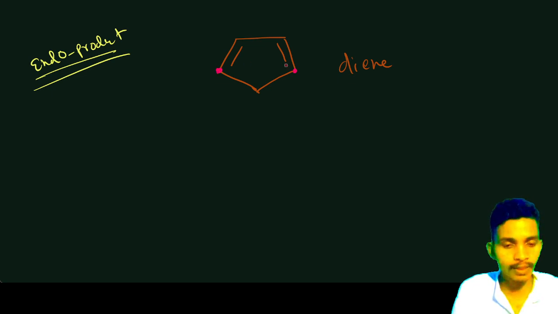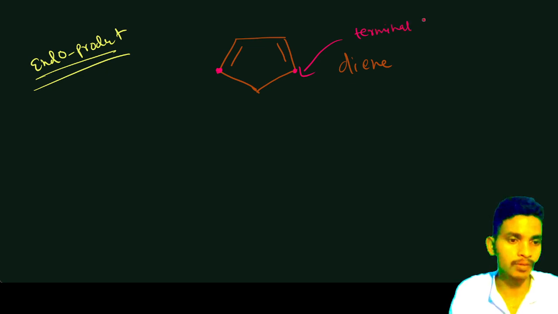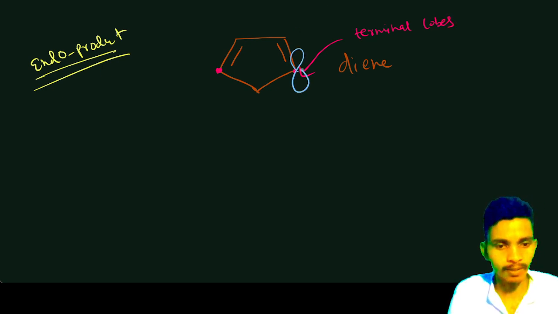These are the terminal lobes, and they have, let's say, this type of bond orbitals. And here also orbitals are there.